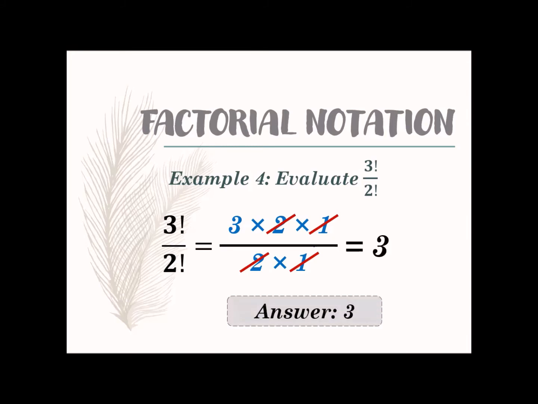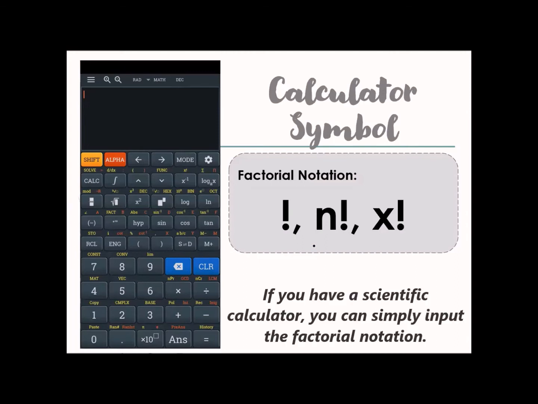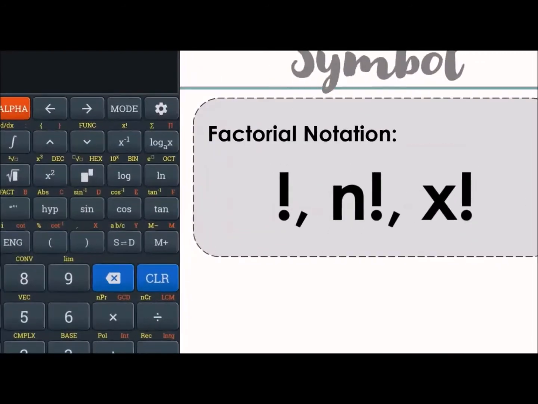Okay? I hope that's clear. If you have a calculator with you, specifically a scientific calculator, you can simply input these factorial notations. Just take note of the symbols. There are three kinds of symbols on the calculator, but whenever you see an exclamation point, it pertains to factorial notation. Now, on my scientific calculator downloaded on my phone, let me zoom this with you.